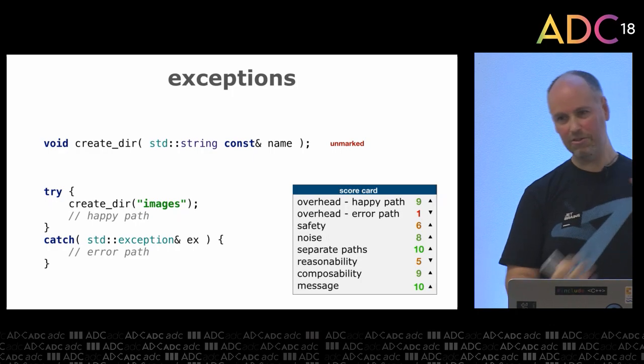So it's almost like the inverse of the trade-offs that we were seeing before with the error codes. But that's interesting to note, I think. And that's why generally exceptions have been very popular, where you're not worried about the error path. But we have noted the other big problem with exceptions is the ability to reason about them, because of the unmarked nature. So there's actually two problems with exceptions.